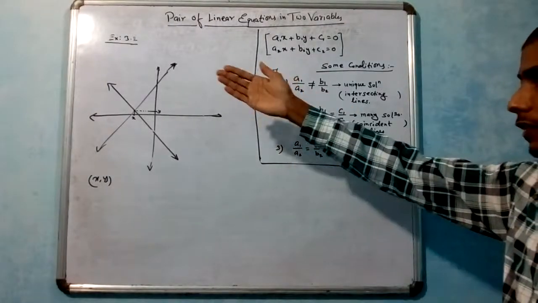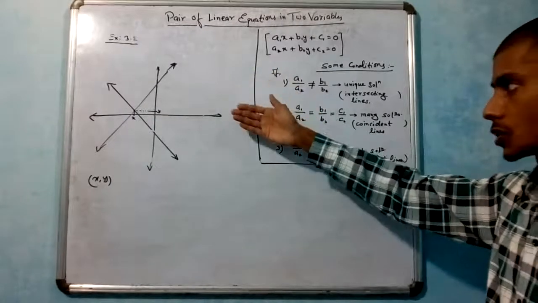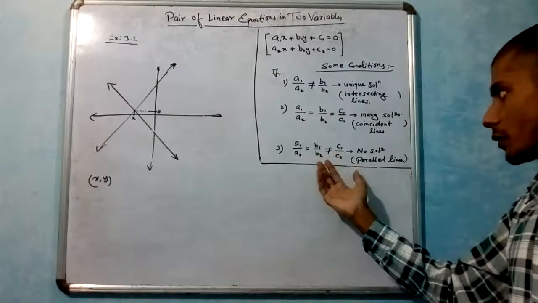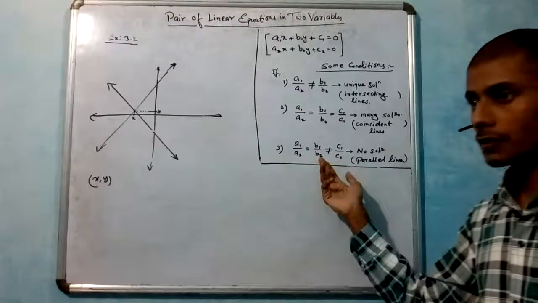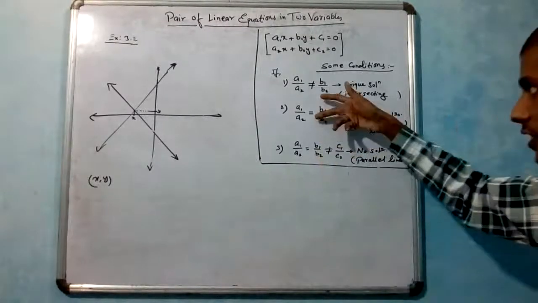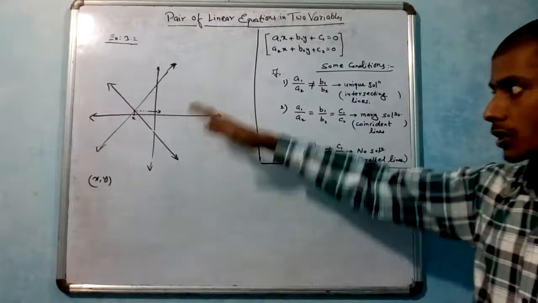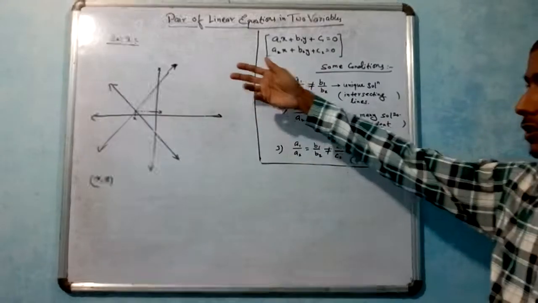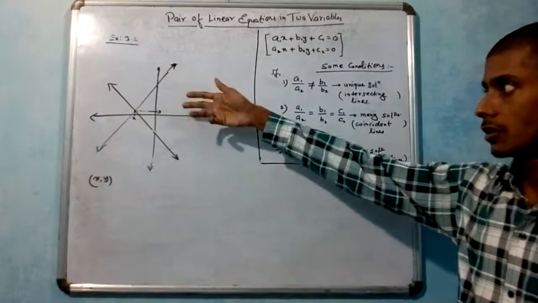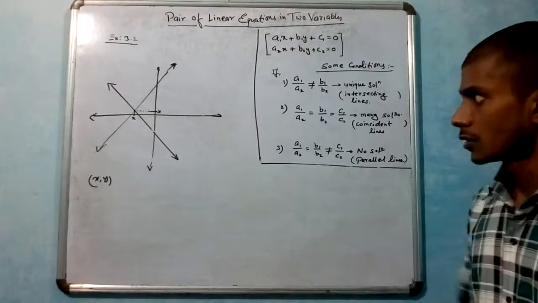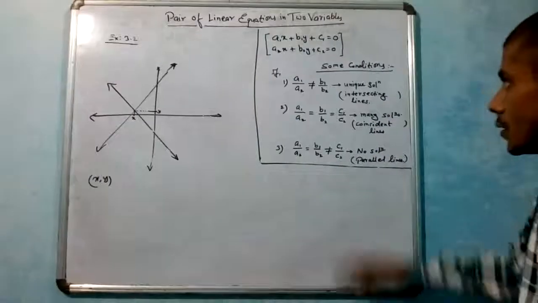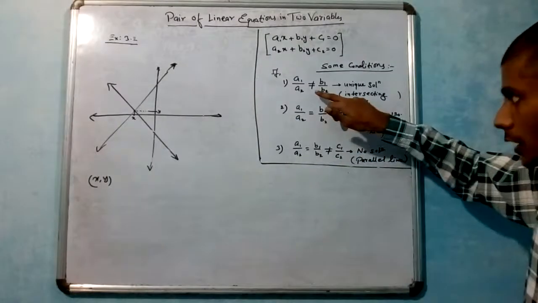We will write the equation. We will write here a1, b1, c1, a2, b2, c2. Then we will compare. We will see which case is coming. If this case is coming, we will stop there itself. We won't show graphically. If the first two cases are coming, then we will further go on the graph and plot the points, getting 3 points each from the equations, and then we will plot the equations, which will be the lines on this graph, isn't it?